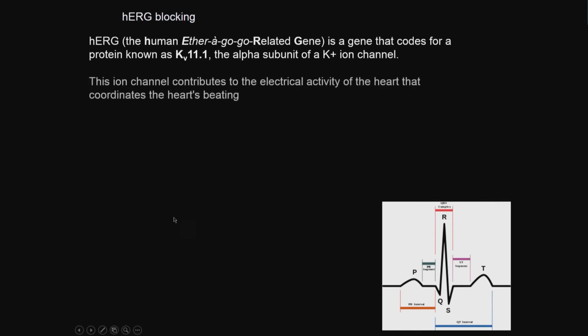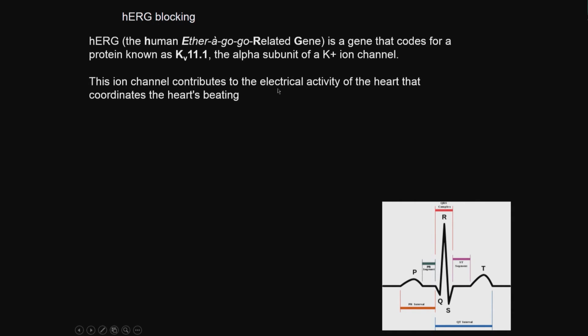Now let us look at another important aspect, that is called HERG, the human ether-a-go-go related gene. This is a gene that codes for a protein known as Kv11.1, the alpha subunit of a potassium ion channel.